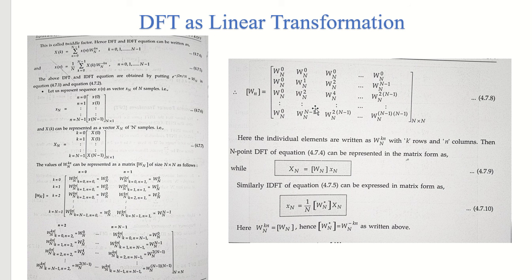Here you can see the individual elements are written as W of n with k rows and n columns, and we have the n-point DFT equation, the long equation, which you can represent in matrix form as well. So you can write x of k equals Wn into small x of n, and in the same way you can find the IDFT as well. The formula for IDFT has also been given here.